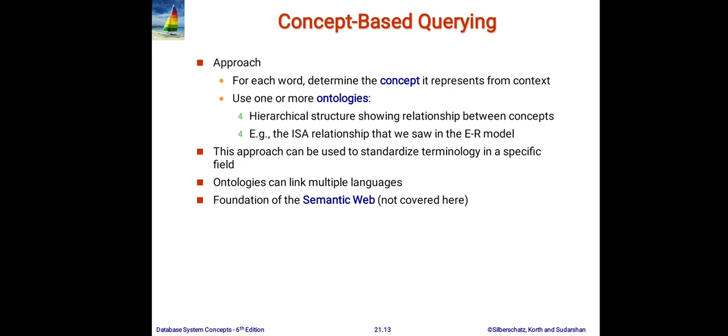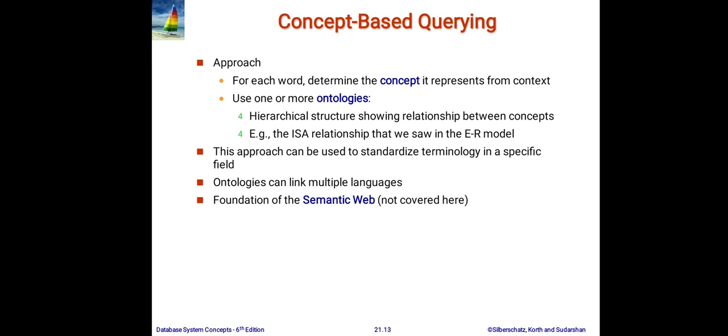The approach for this is that each word determines the concept it represents. This may use one or more ontologies. Now what is an ontology? An ontology shows relationships between concepts. For example, we have learned the entity relationship model, where there was an is-a relationship, then a generalization relationship, then an aggregation relationship.